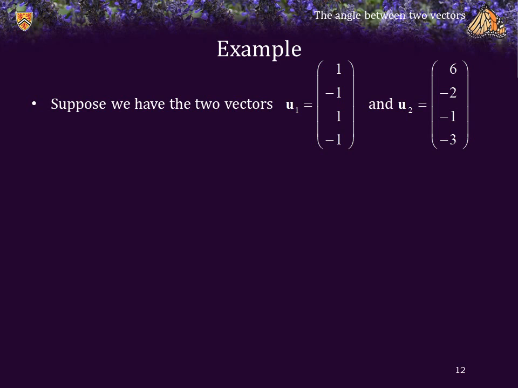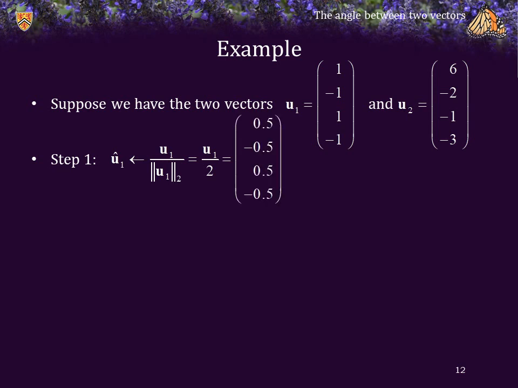So let us apply the Gram-Schmidt algorithm to try to convert these two vectors into a pair of normalized and orthogonal vectors. Step 1. Assign to u1 cap the vector u1 divided by its 2 norm. Now the 2 norm of u1 here is 2, so we just divide each entry of u1 by 2, and that leaves us this vector here.